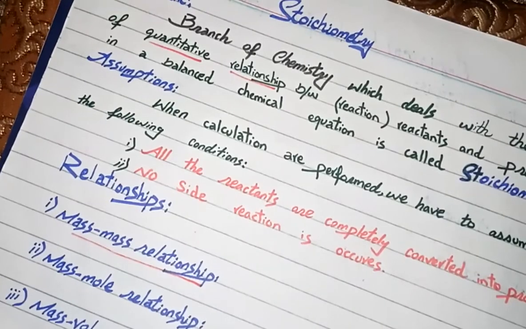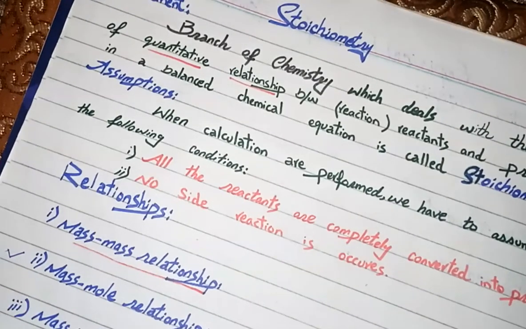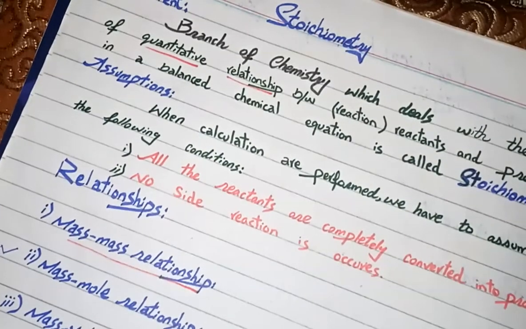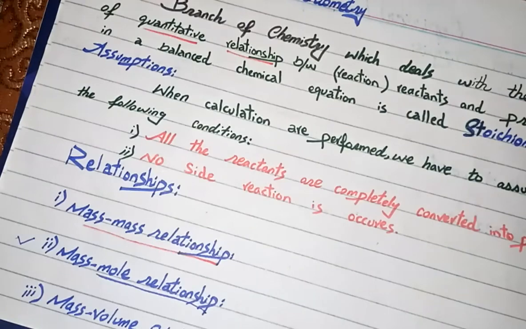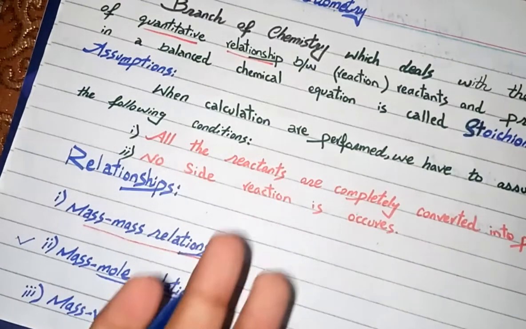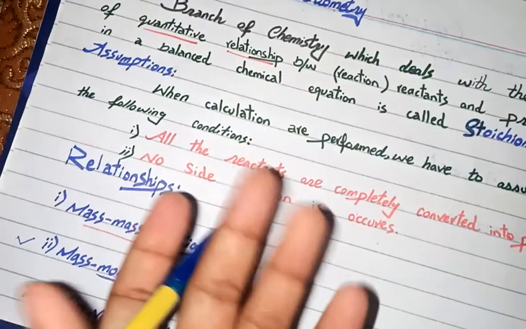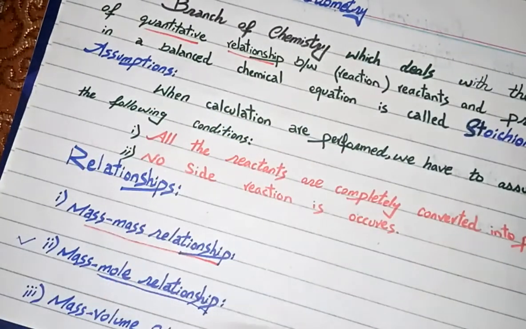Now we discuss the second relationship, which is mass mole relationship. In this relationship, if we are given the mass of one substance, we can calculate the mole of the other substance, and vice versa.